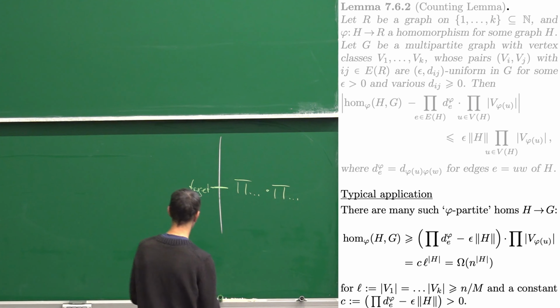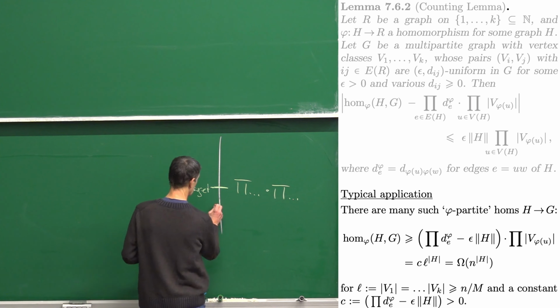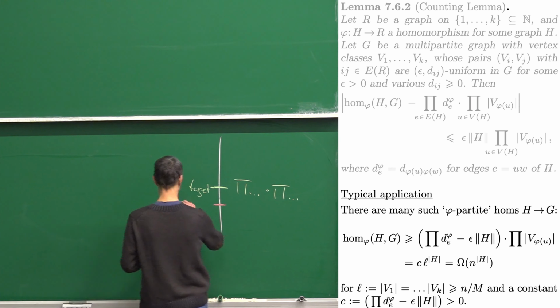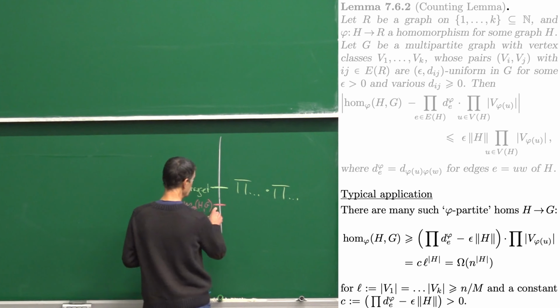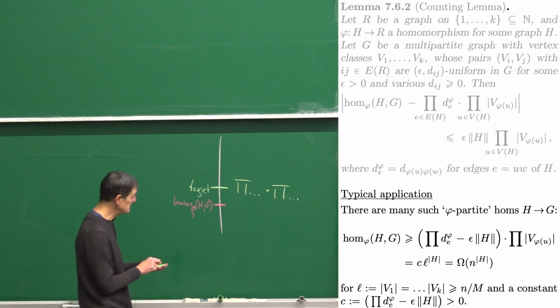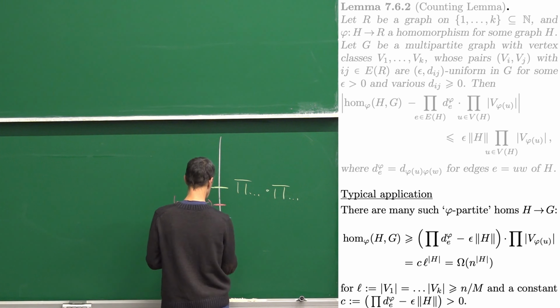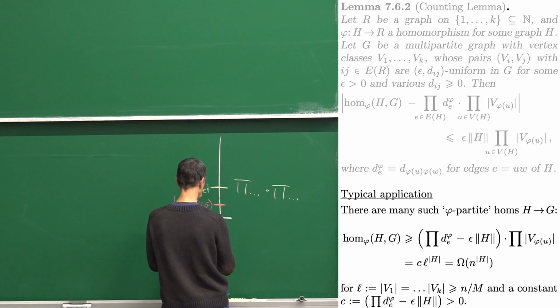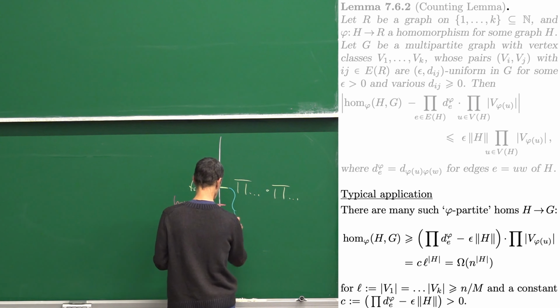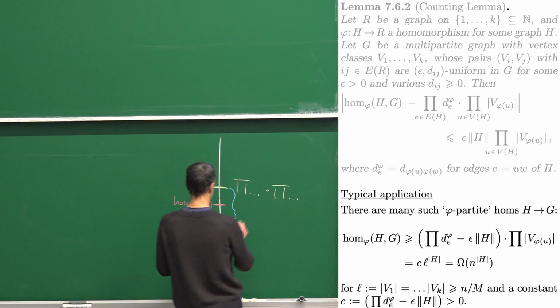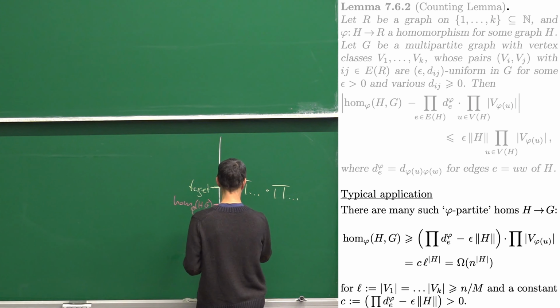The hom phi of H, G is some value that differs from the target by less than the right-hand side.